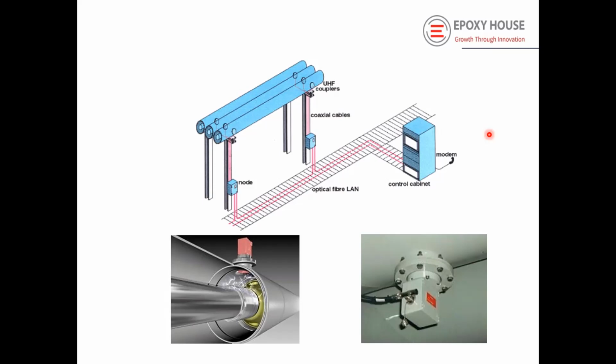I have shown some of the slides where, for a bay, it is about 180 meters in length for AIS, whereas this is just 6.5 to 7 meters in length only. So it is very little space for GIS.